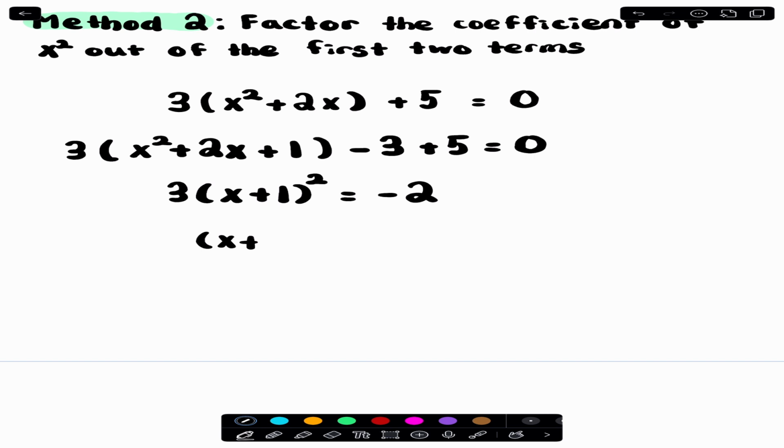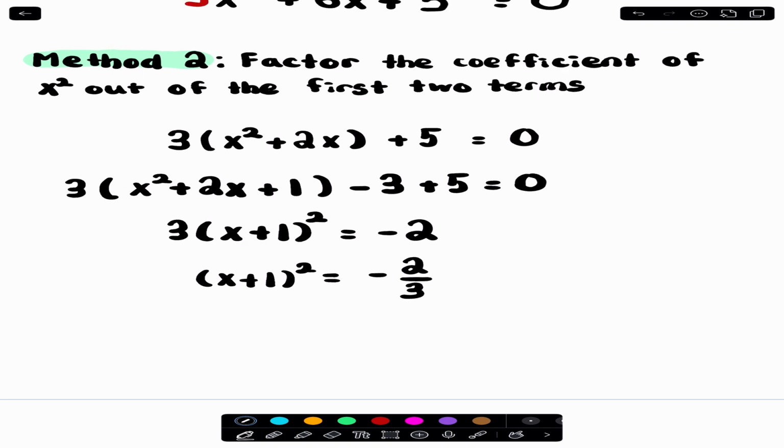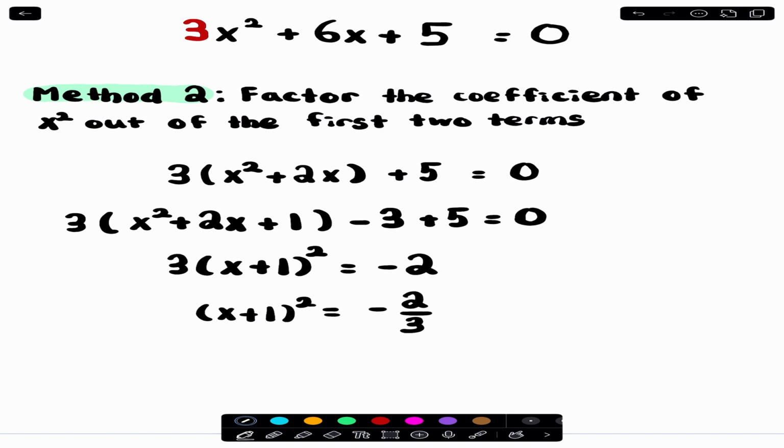So we take this term and divide by 3, and it's familiar territory. Take square roots, positive and a negative, and rationalize denominators. You're going to get an imaginary portion and then isolate for your variable.